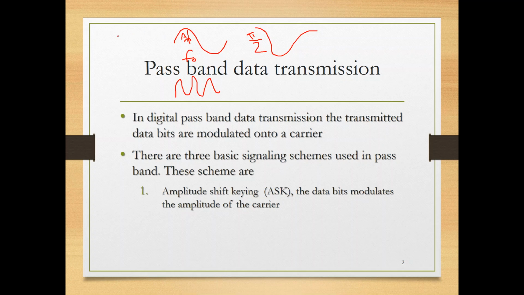For example, a smart person, without my talking about modulation, can make the following rule. When my computer generates 0, I'm going to map it to a sinusoidal signal with amplitude equal to 5. And when I have 1, I'm going to increase this amplitude and make it reach 10.